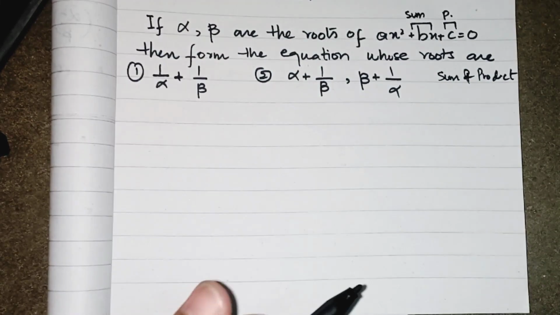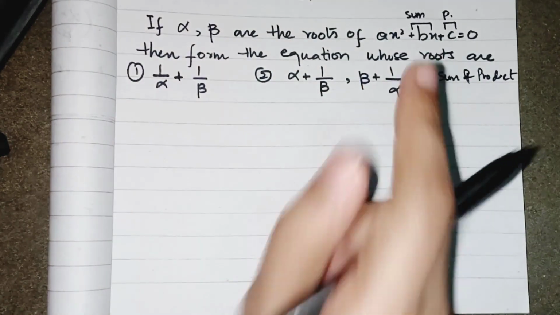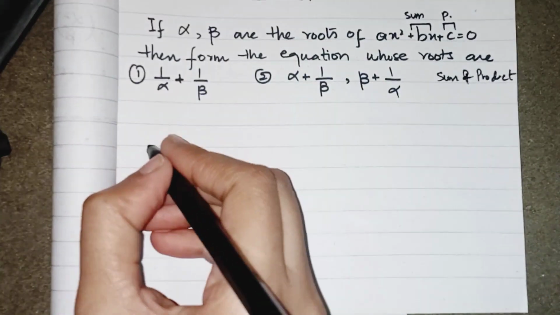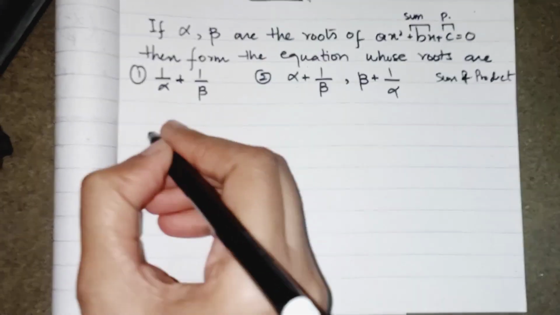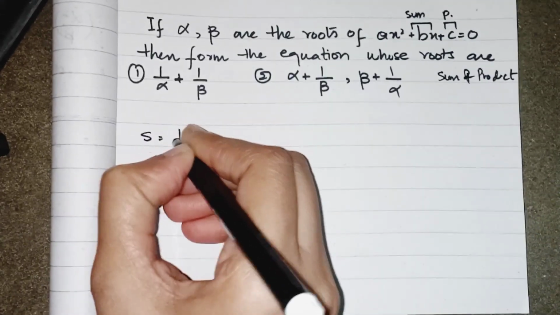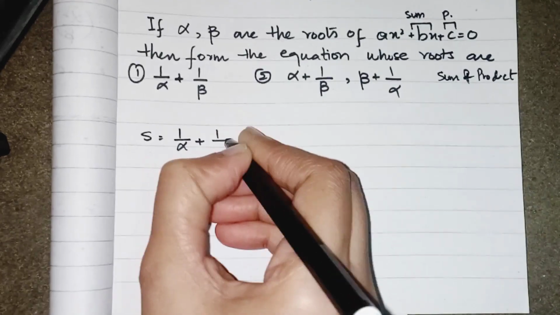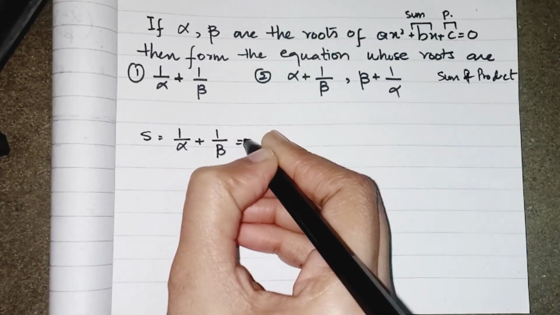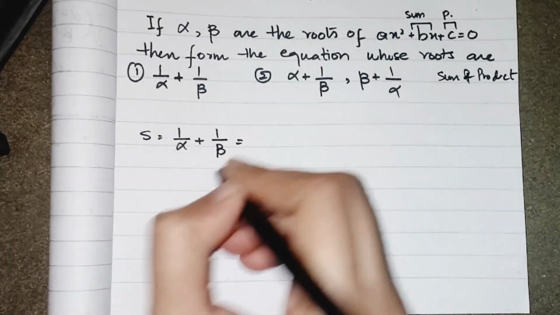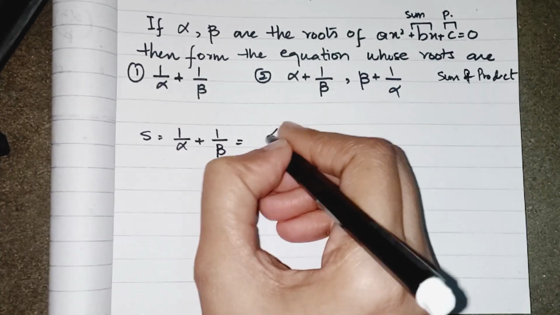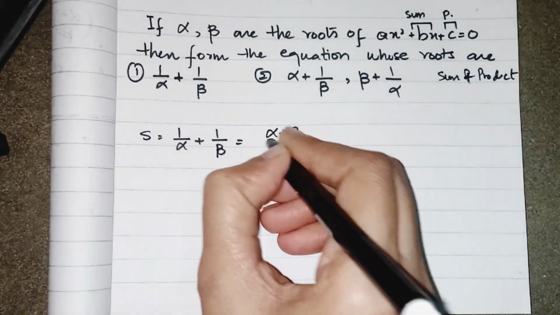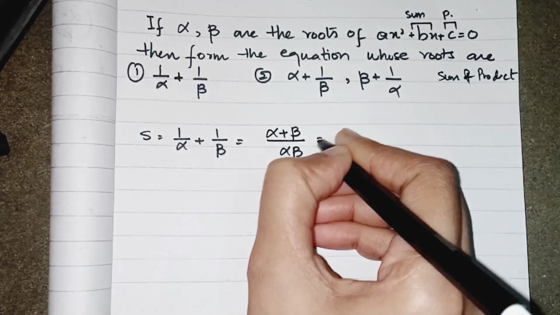So first of all we have to find the sum. The sum of these roots is 1 upon alpha plus 1 upon beta, which by taking the LCM is alpha plus beta upon alpha beta.